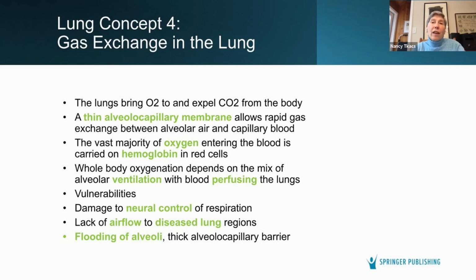Anything that hampers that neural connection will cause a decreased rate and depth, particularly depth of respiration. If you decrease the depth of respiration, you'll decrease ventilation coming in each minute to the lungs. So the person will not be able to oxygenate well.